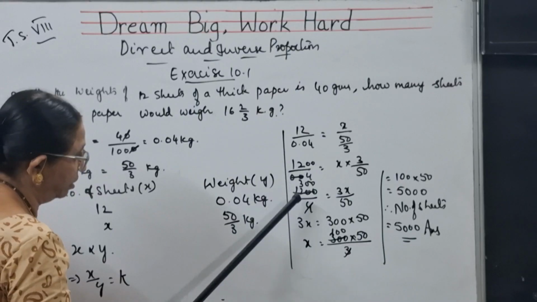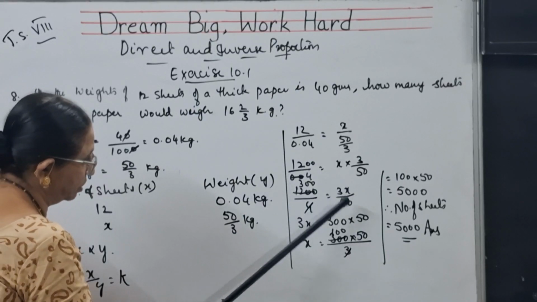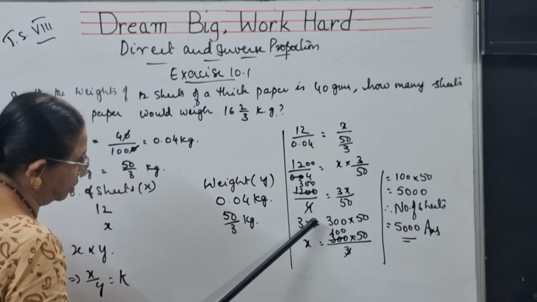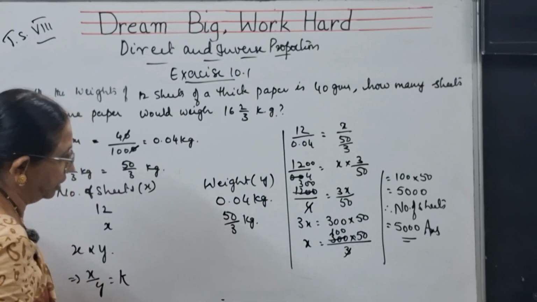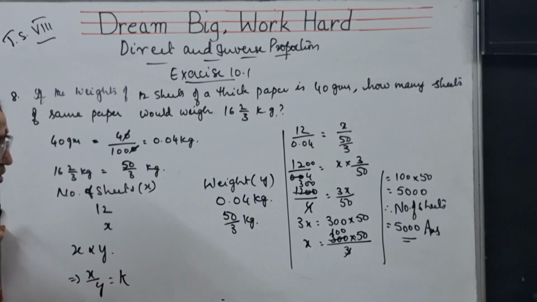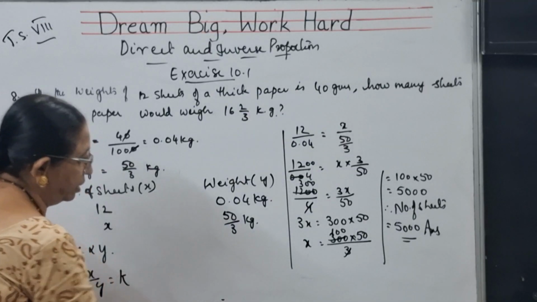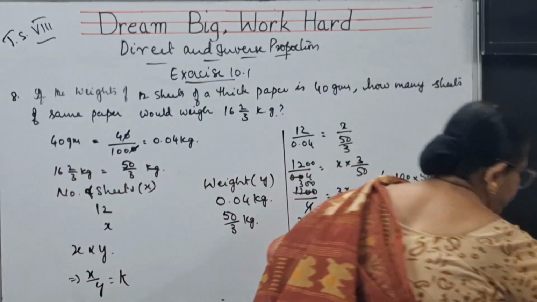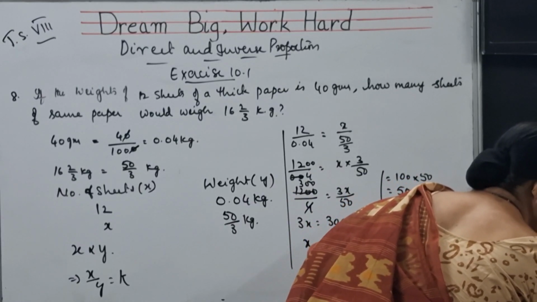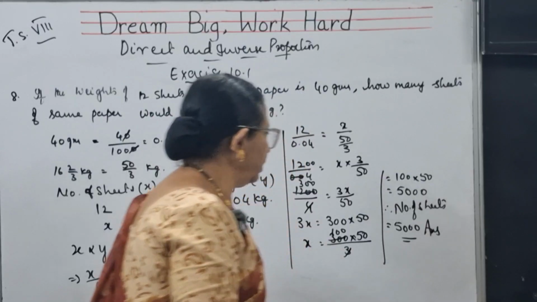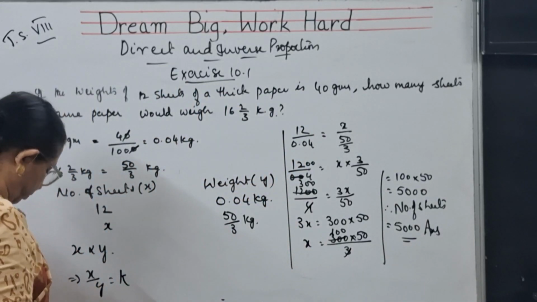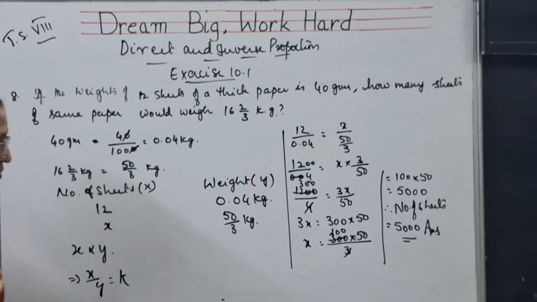This gets cancelled. 1200 by 4 is equal to 3x by 50. 4 threes are 12. 3x is equal to 300 into 50. So x is equal to 3 ones are 3, into 100. So 100 into 50, that is 5000. So the number of sheets is equal to 5000 is the answer, children. Please note it down.